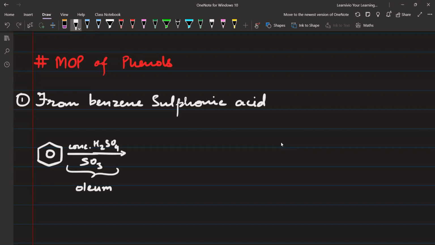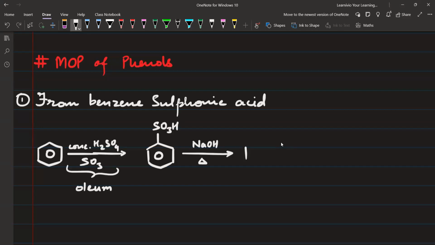Fine. Now what happens is basically a 11th standard reaction in which you will have benzene ring, electrophilic aromatic substitution is going to happen, and you will get a SO3H group here. Then you will have NaOH, sodium hydroxide, and you will heat it.